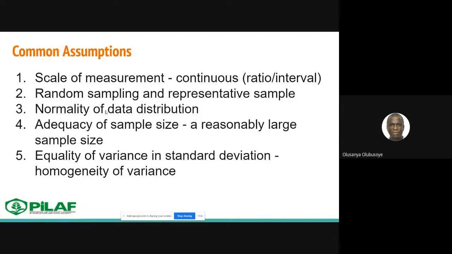So you know about the 4 levels of measurement: the nominal, the ordinal, the interval, and the ratio. So you cannot use a t-test when you are dealing with categorical variables like gender, class of degree, and things like that.